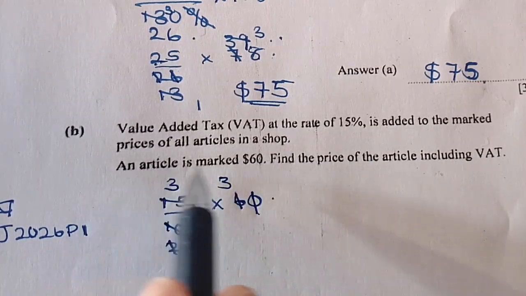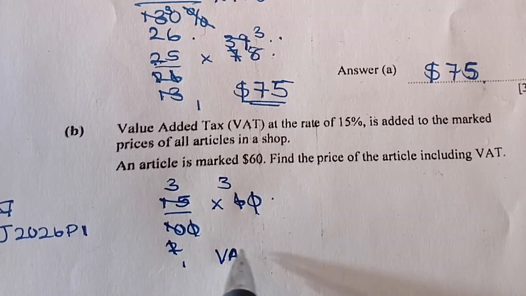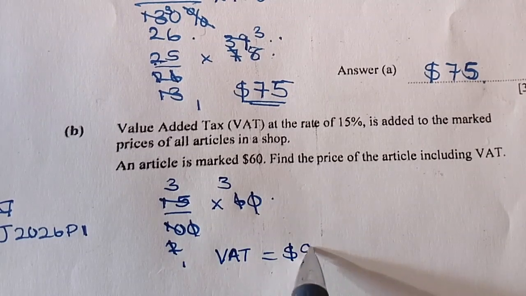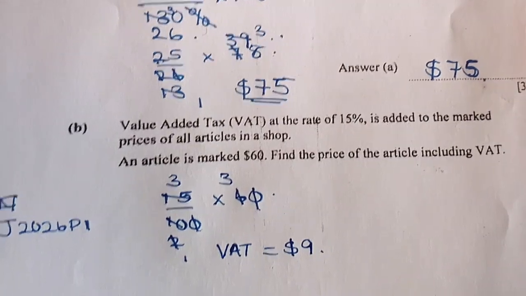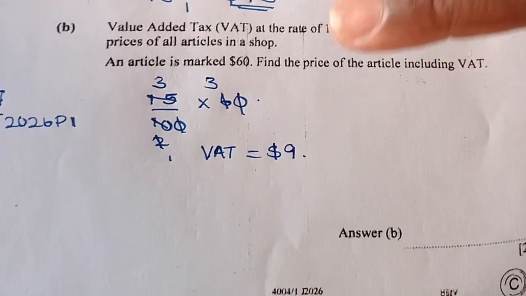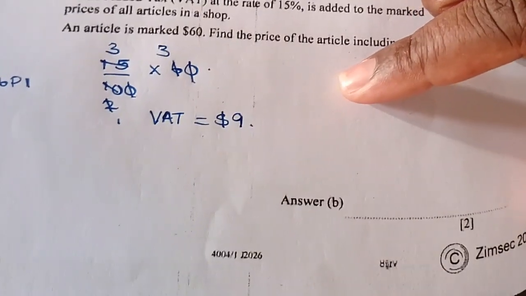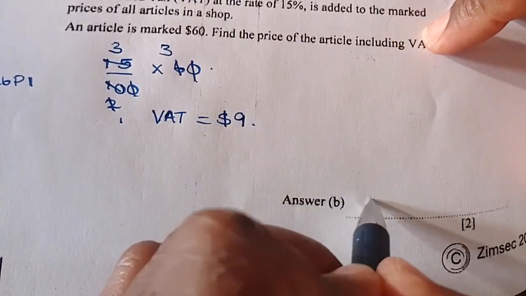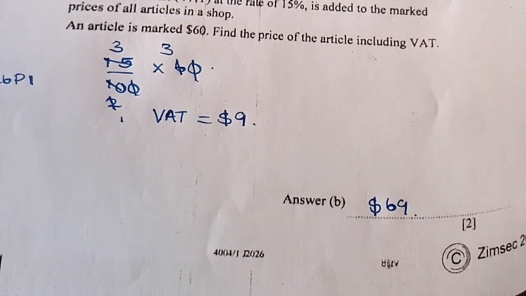So for every article that is marked $60, the value added tax now is $9. So the price of that article will be $60 plus the value added tax to get $69. So it's $69.